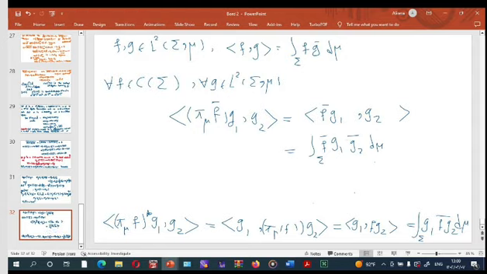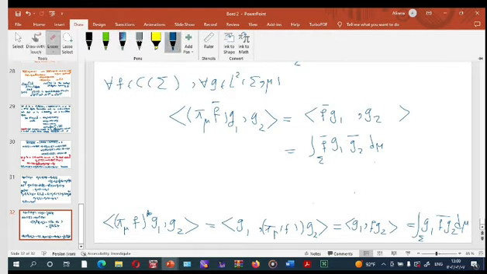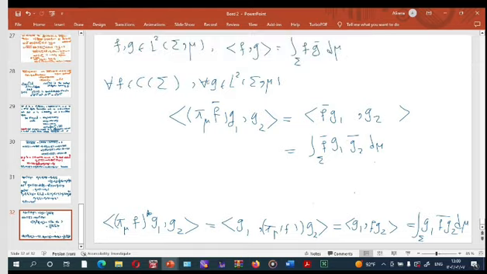P mu of f bar of g1 and g2 equals this, and P mu f star of g1 and g2 equals this. By this inner product, it is better that we say for any g1 and g2 in L2 we have this.